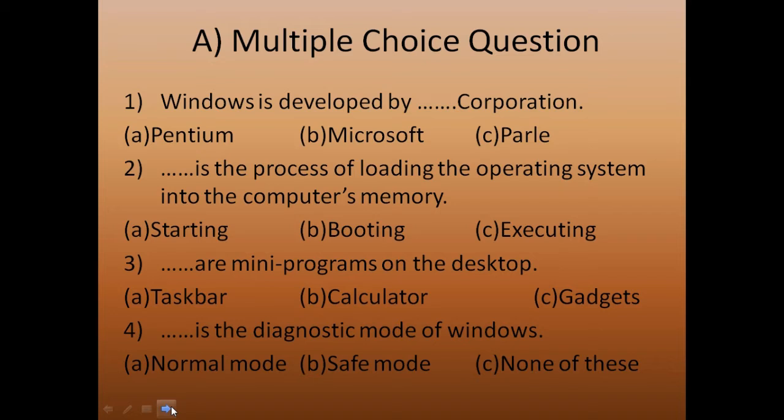Question 4. Dash is the diagnostic mode of Windows. Normal mode, safe mode, none of these. Here for each question there are 3 options. One is correct, two are wrong. You have to take the correct answer.